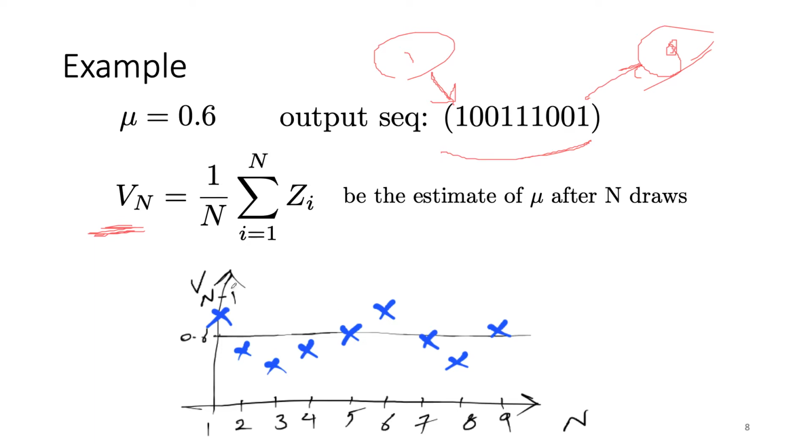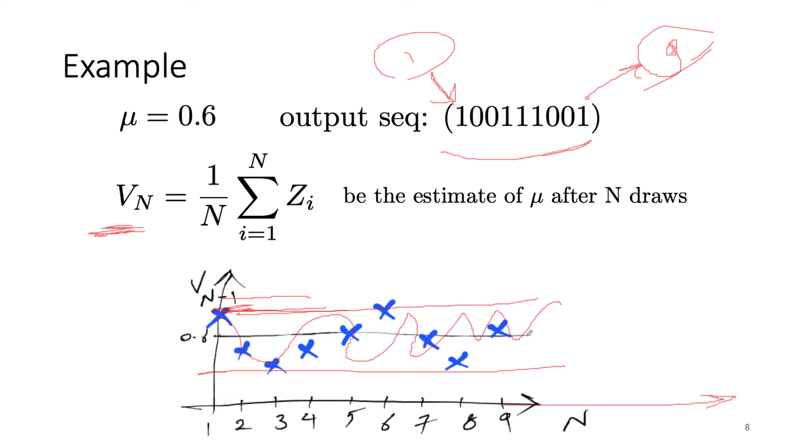If you treat this as 1 and this as 0, they are just up and down, and if you carry on with more n's, they're centered around that 0.6. I could have shown them in a better plot, but this is not completely accurate. They are centered around 0.6, but not specifically and completely equal to 0.6.